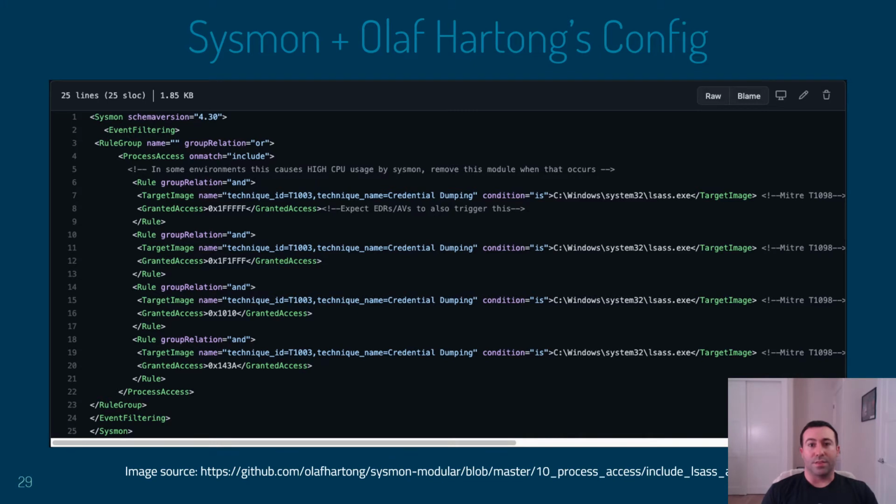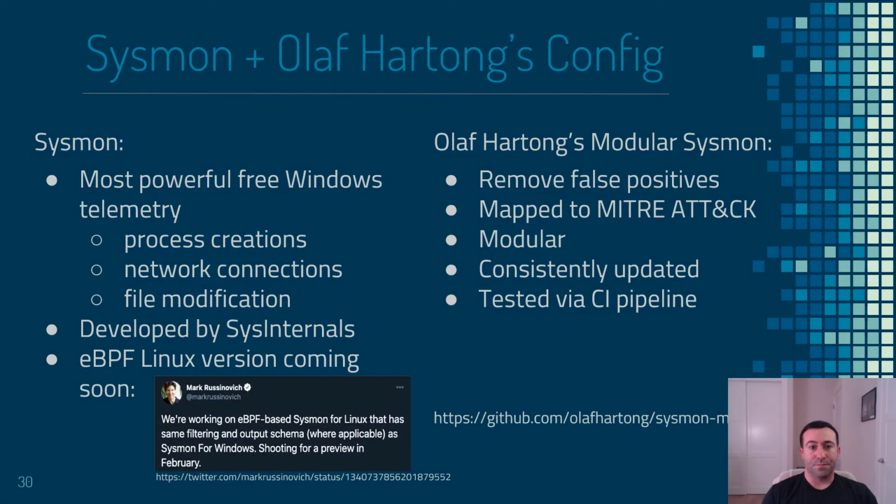Another excellent source of Windows endpoint telemetry is Sysmon. DetectionLab uses Sysmon in conjunction with Olaf Hartung's Sysmon modular configuration. Sysmon is a tool developed by Sysinternals that is really great for collecting data like process creations, network connections, and file modifications.